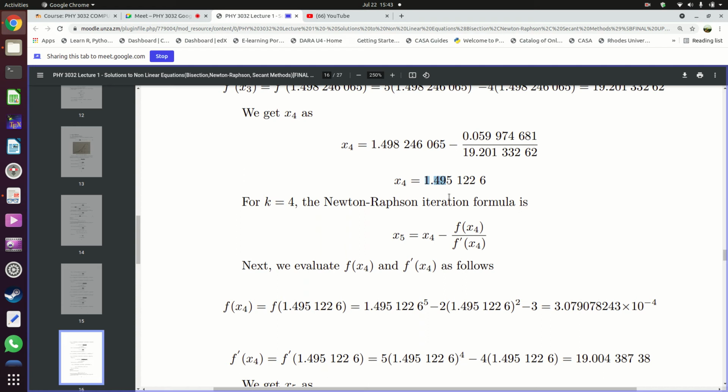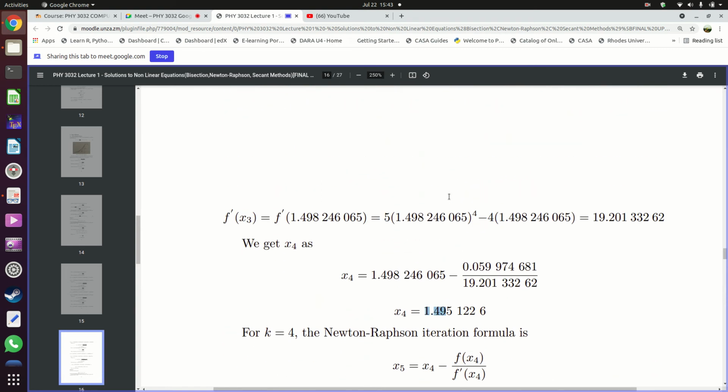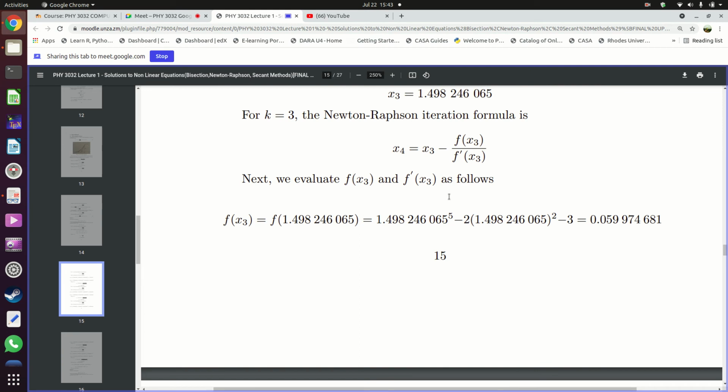The other thing to do is look at the solution here. You've seen x3. What is the value of the function? Because if x3 is the answer, then the function at this value of x3 must be equal to 0. Already you can see x3 is a good solution. It's equal to 0.05 something.